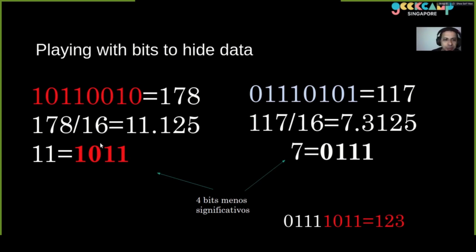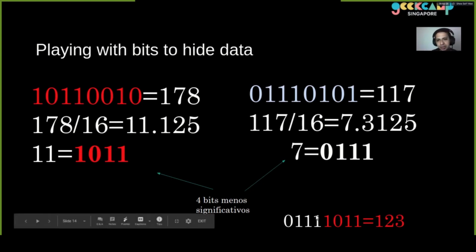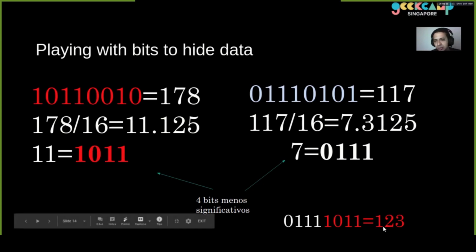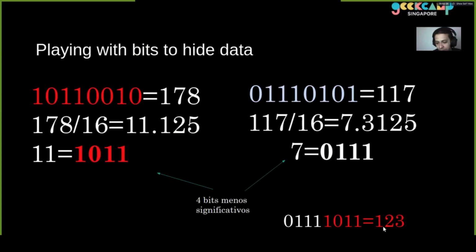However, if we start playing around with the least significant bits, in other words, those bits that I'll be able to change and the resulting color would be very, very similar, or the resulting value will be very similar, those are the least significant bits. So in this particular example, I'm going to take some bits from the original pixel, some bits that I want to hide from the original message, and the resulting color code will be 123.